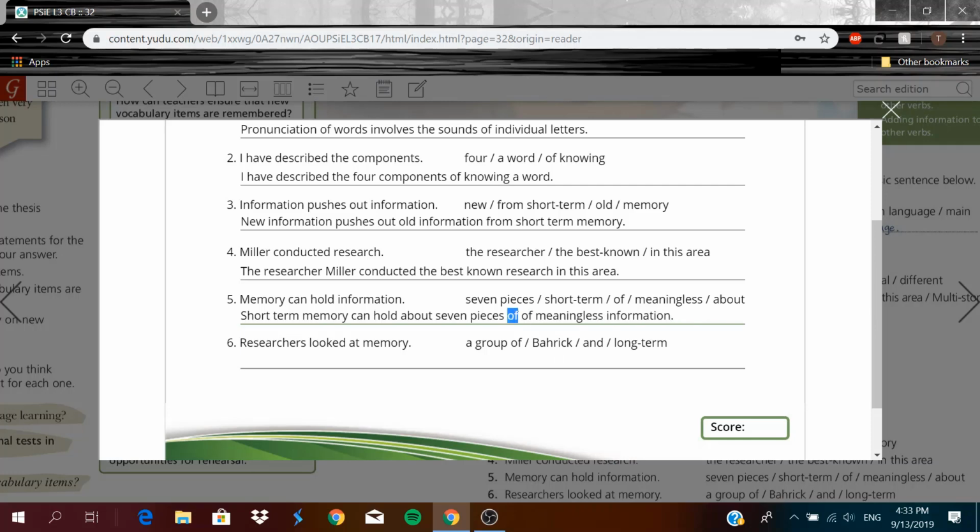Okay, so short-term memory can hold about 7 pieces of meaningless information, and no need for that double of.